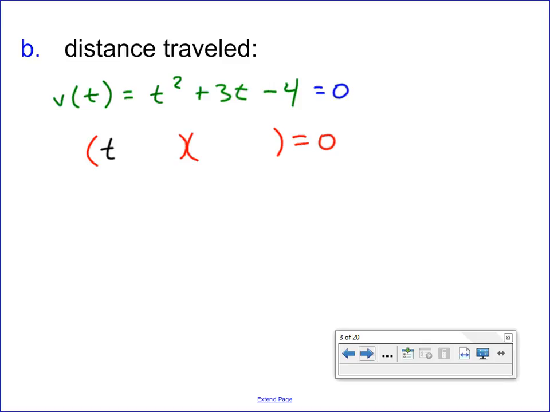T plus 1, or plus 2? No, yes. And minus plus 2? No, minus 2. Minus 2. All right, let's check.